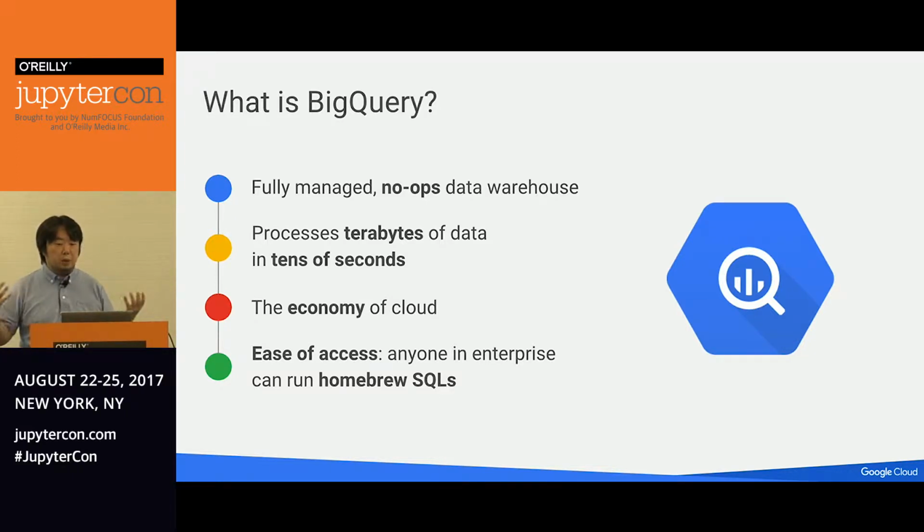That's the reason why many BigQuery users let anybody in the enterprise, like salespeople, marketing people, or executives, run their own homebrew copy-and-pasted SQLs directly on the production instance of BigQuery. Because it's scalable, nobody would be affected by the slow-running queries.